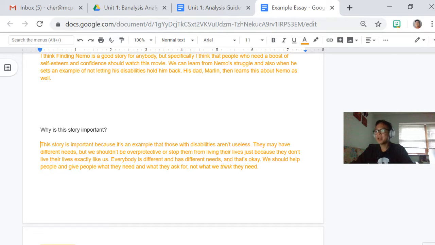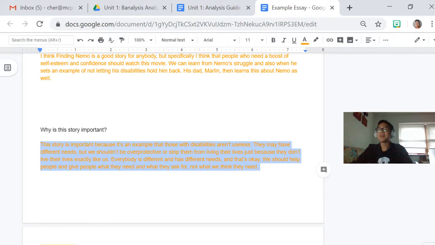Everybody is different and has different needs, and that's okay. We should help people and give people what they need and what they ask for, not what we think they need. Okay, my analysis brain must have been firing off like crazy when I wrote this worksheet, because I really like what I wrote there as well.